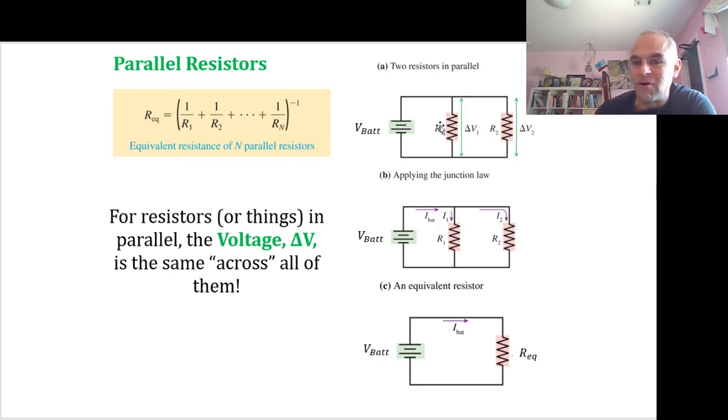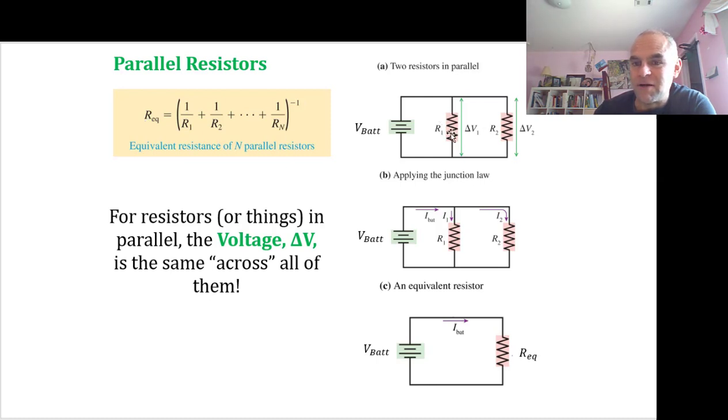If you take the value of R1, and R1 is going to be in ohms, and you take 1 over it, and you add it to the value of R2, 1 over R2, again, R2 is also in ohms, add those two together, and then take the inverse of it, that's going to be the value of your equivalent resistor. Let me give you an example.